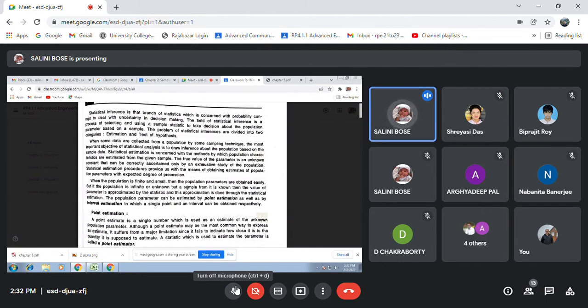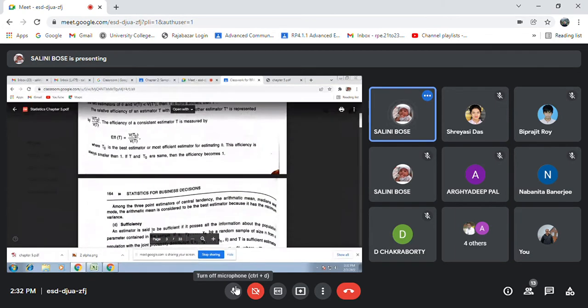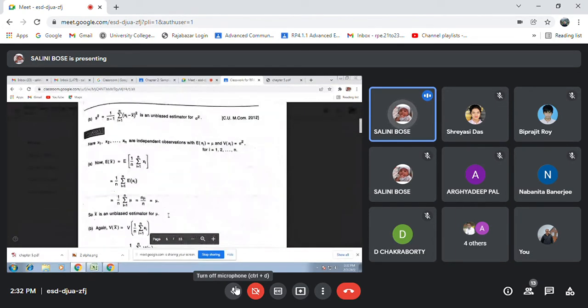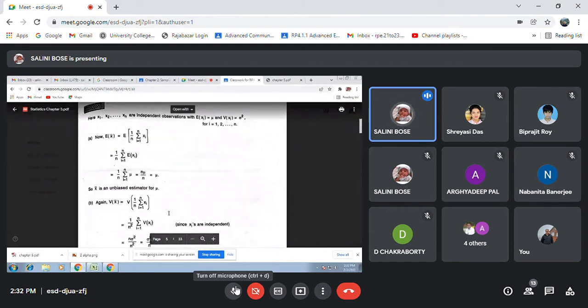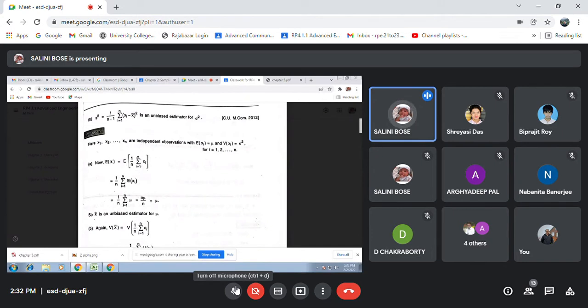Whether with replacement or without replacement, I cannot say, because I don't know the capital N. So we can estimate that if I take small n number of samples, then we can get the mean, the average, that is summation of xi from i equal to 1 to n, times 1 by n. Is it clear?